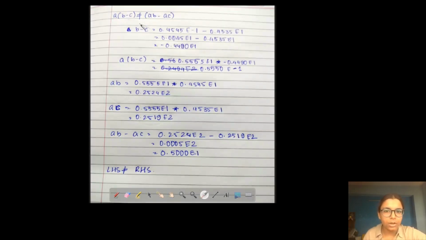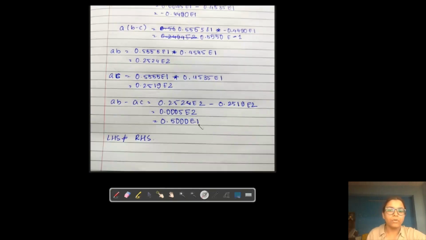Okay, so again I have tried the law and computed the values, which has b minus c, and generated the value a into b minus c to get the first value of the equation, 0.550 E minus 1. Then for the other part of the equation I tried to satisfy it, which at the end of the day did not work out.